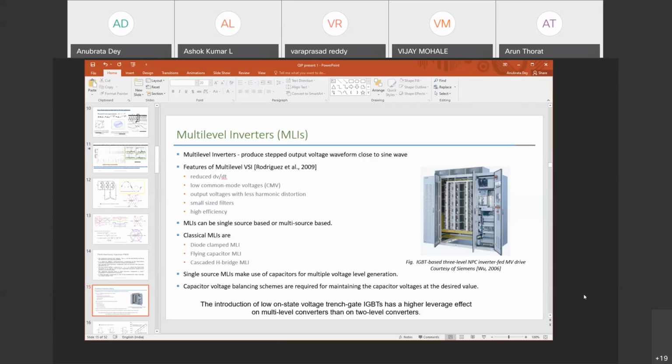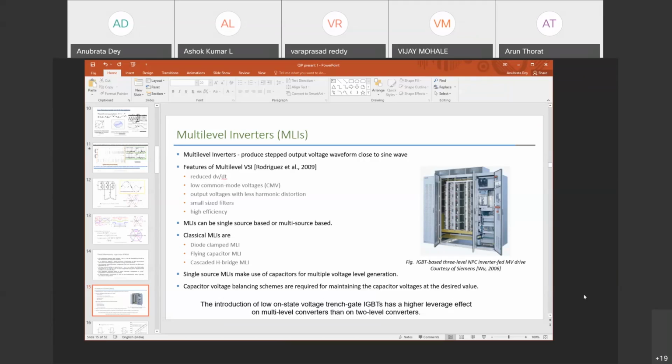This particular picture I am showing here, probably taken from a reference, but I think it is a product of ABB. So they have the 3-level NPC inverters, the neutral point clamped inverter, medium voltage drive.